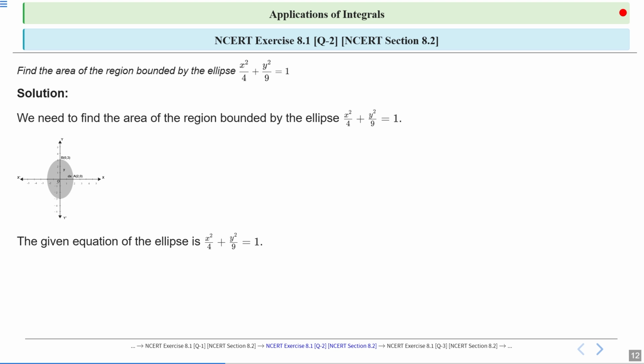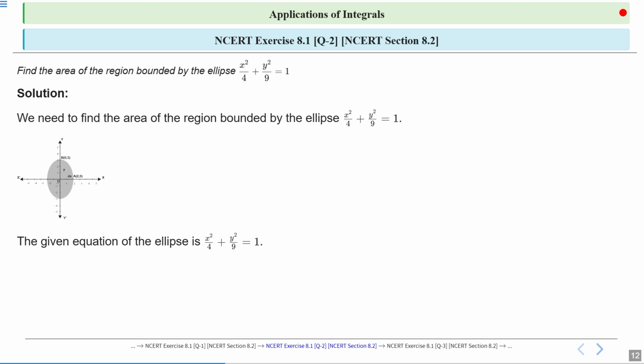The area of that strip is y dx, and due to dx we take the limit of x. As the ellipse is symmetric about the y axis and x axis, we just calculate the area in the first quadrant and multiply it by 4 to get the area of the entire region.